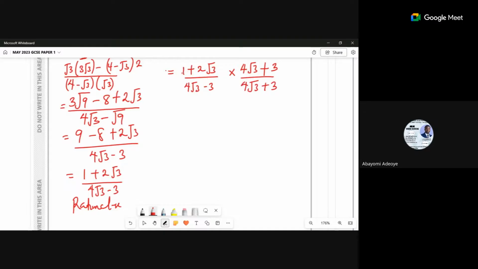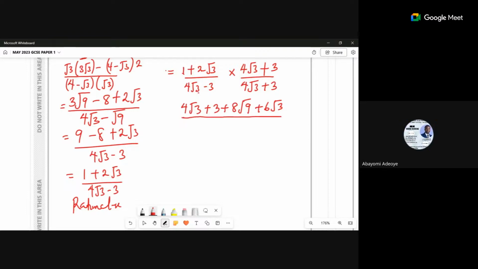So you multiply this. 1 times this is 4 root 3. 1 times 3 is plus 3. With 2 root 3 times 4 root 3, that's plus 8 root 9. And 2 root 3 times 3 is plus 6 root 3. Do you get that? Yeah.